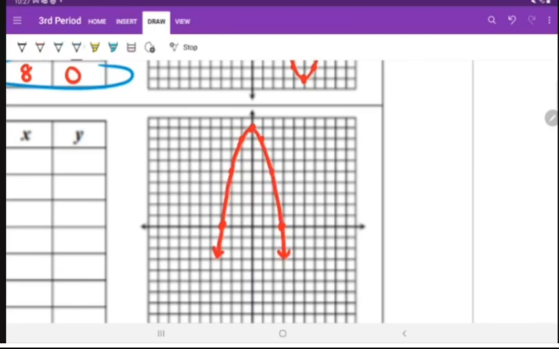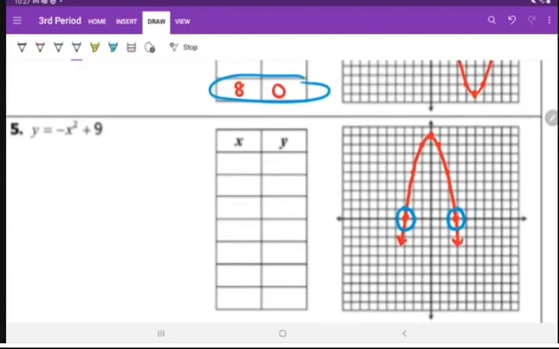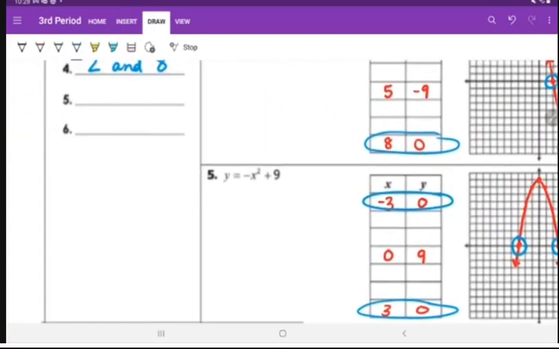It went through our x-axis in 2 places. So these 2 intercepts are our solutions. Your table would have also included a few important points like the vertex, 0, 9, or maybe these x-intercepts, -3, 0, maybe +3, 0, would have shown up on your table. And our solutions, therefore, are just -3 and +3.